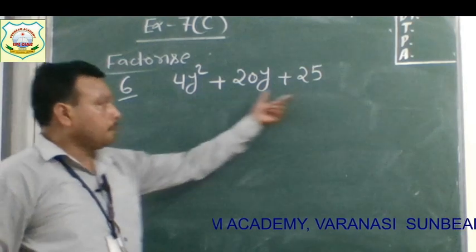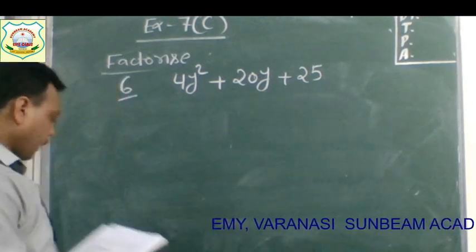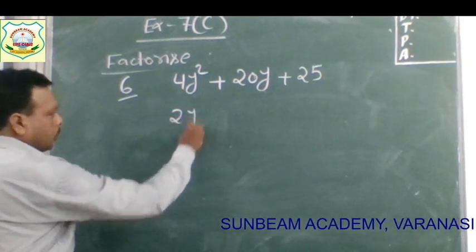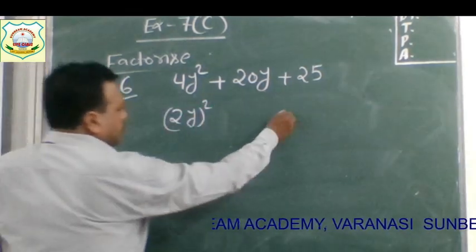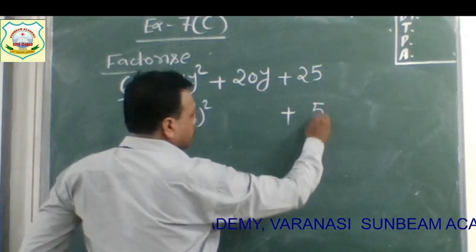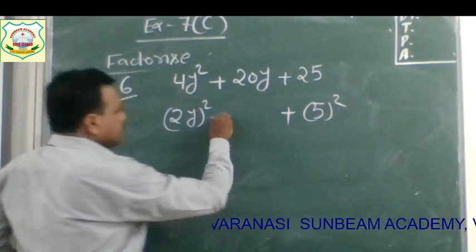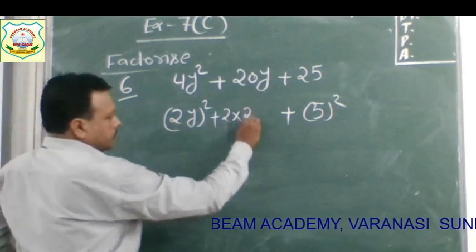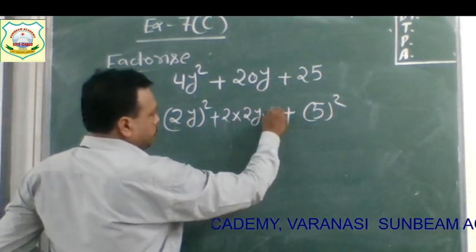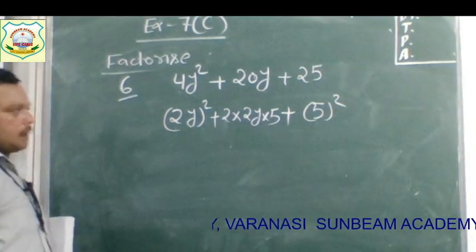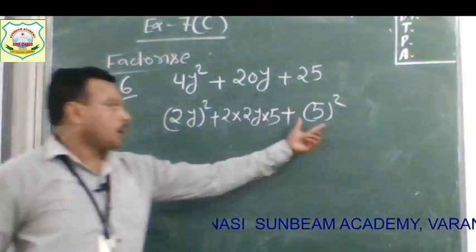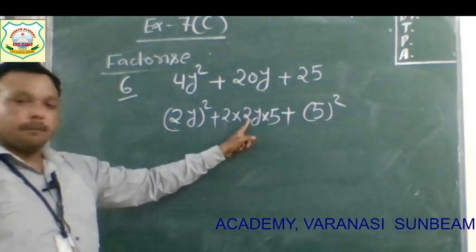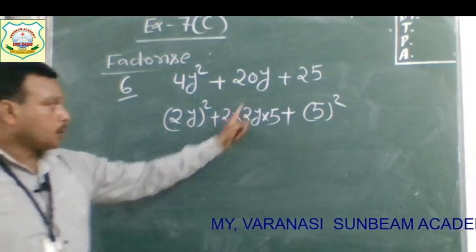So a square and b square we have: 4y square is 2y whole square, plus 5 whole square, plus 2ab, 2 multiply a, that is 2y, multiply b, that is 5. Now we have a square plus b square plus 2ab. We can check: 5 times 2 is 10, and 10 times 2 is 20, 20y.